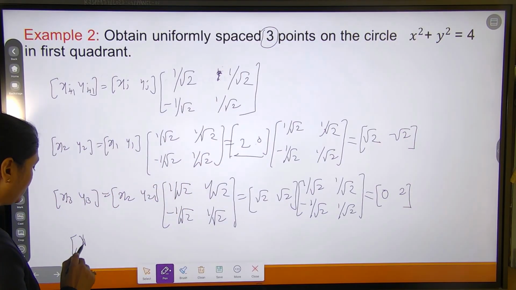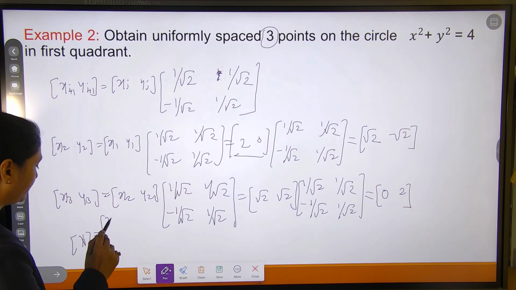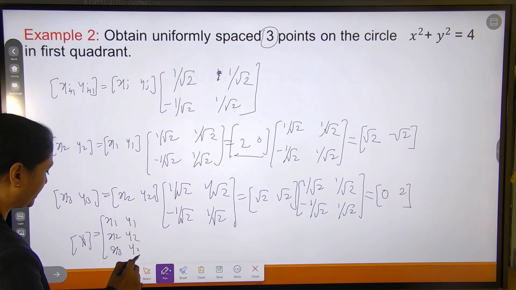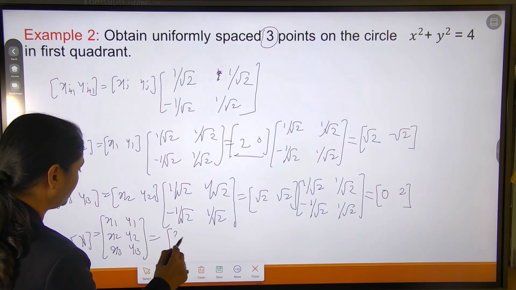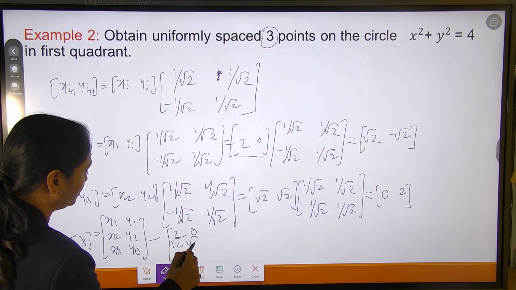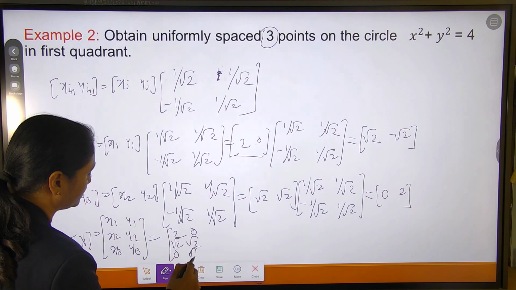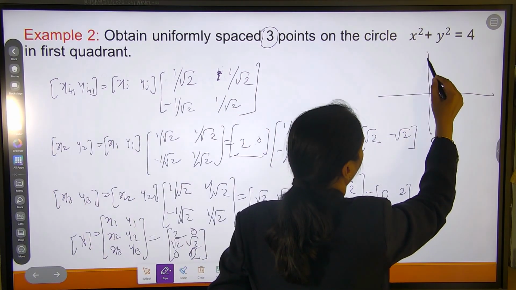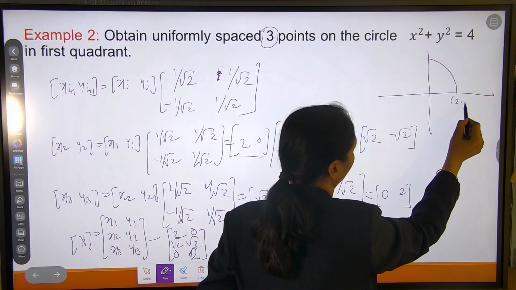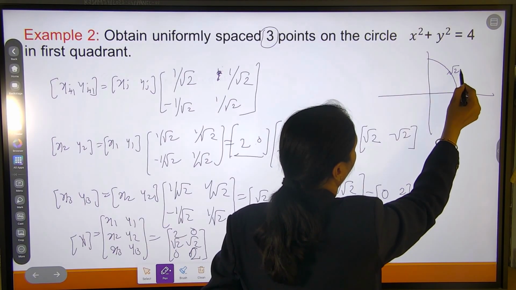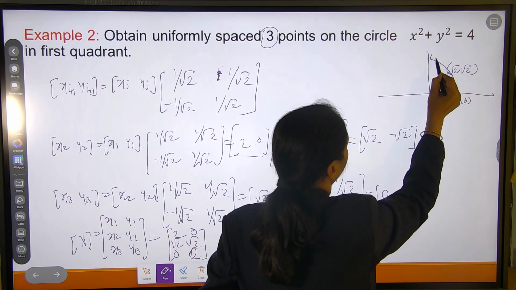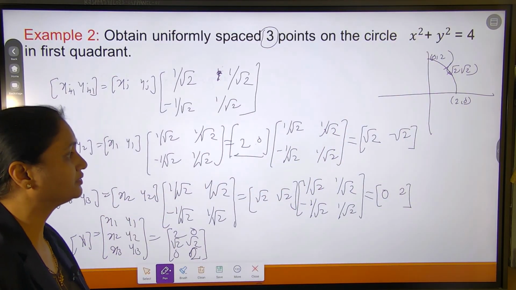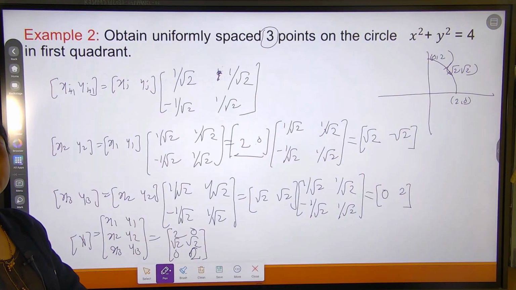Therefore x1 y1, x2 y2, x3 y3 are 2, 0, then root 2, root 2, and 0, 2. So this is 2 comma 0, here root 2 comma root 2, and this is 0 comma 2. So these are the 3 uniformly spaced points on the arc of the circle in first quadrant.